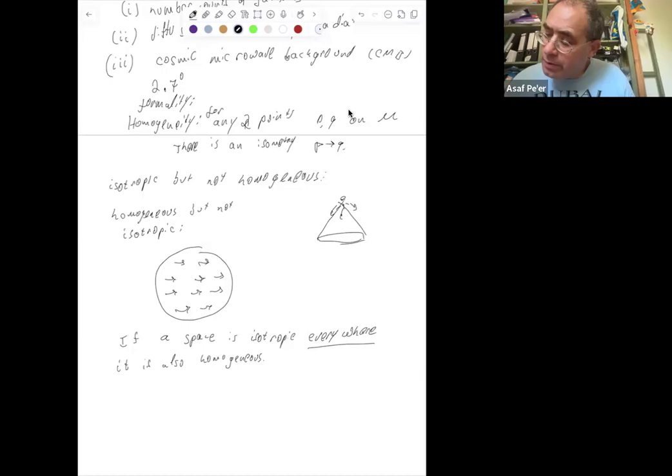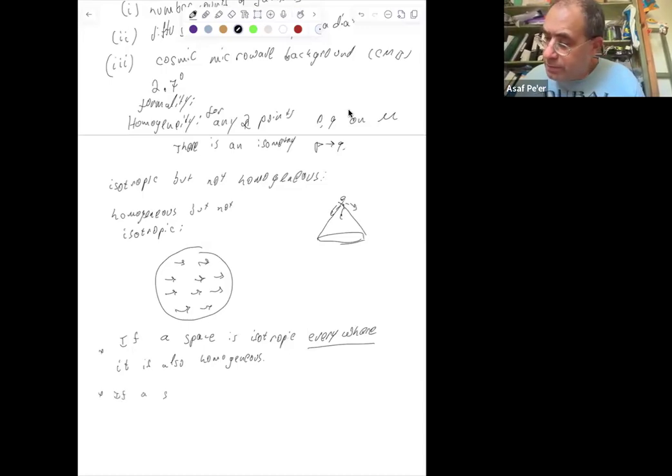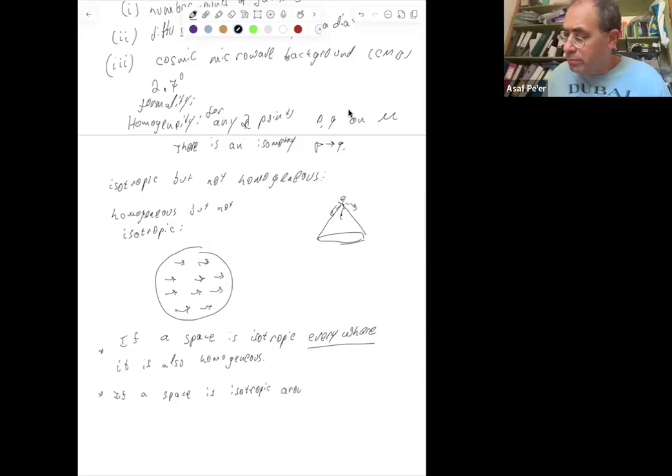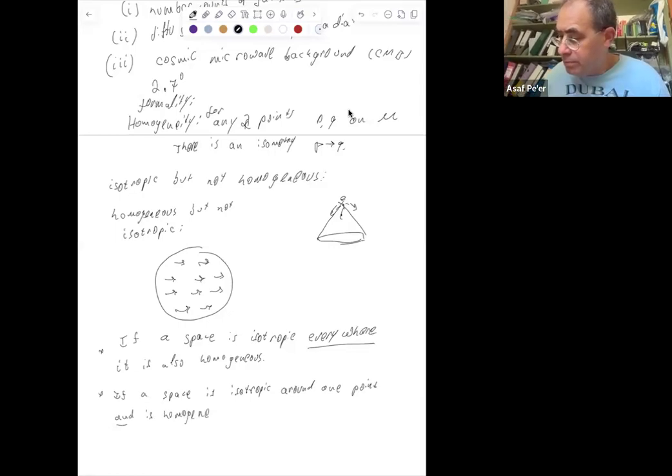Also, if a space is isotropic around one point and is homogeneous, then what?